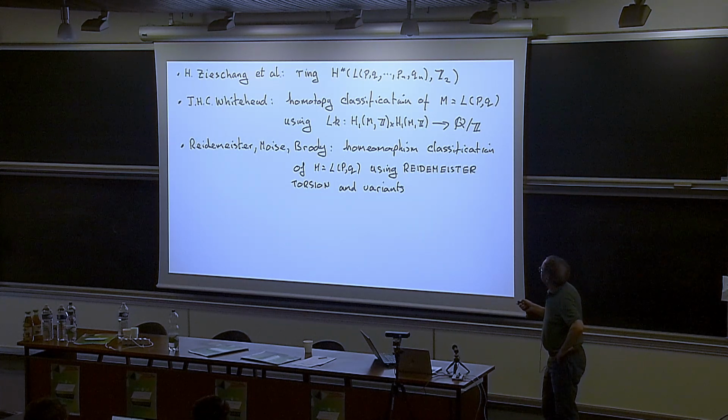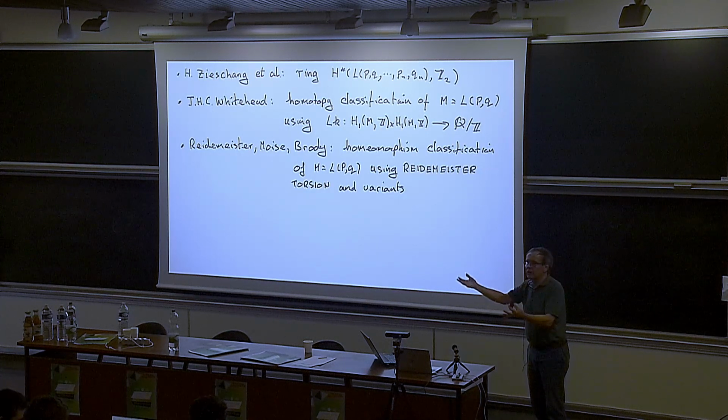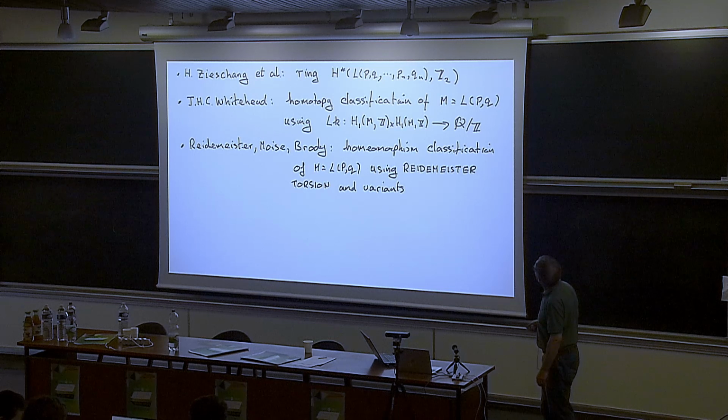But Moyes' proof used the Hauptvermutung, which is, I guess, the belief that any two triangulations of a manifold, if you have one manifold and two triangulations, you can subdivide each of the triangulations so that eventually you get a common subdivision. And the Hauptvermutung is false in higher dimensions, but it is true in dimension 3.